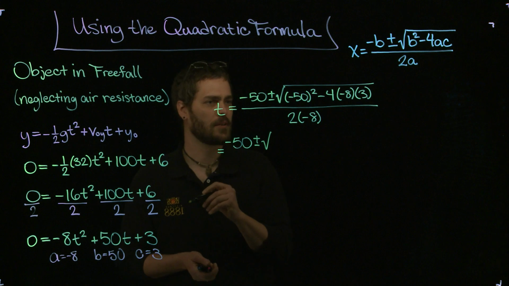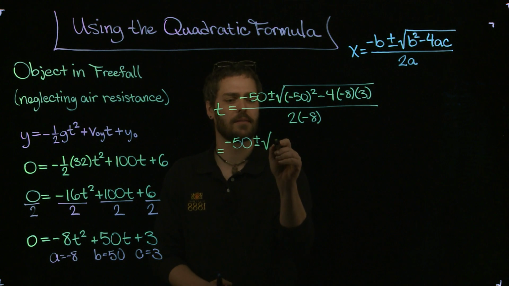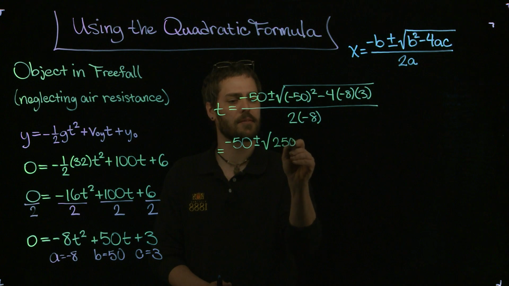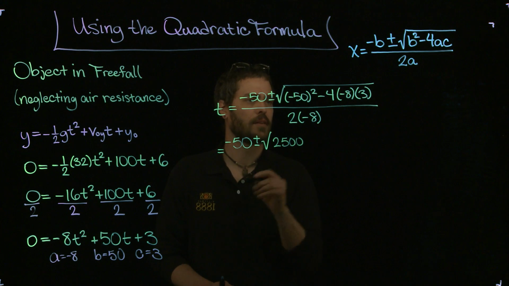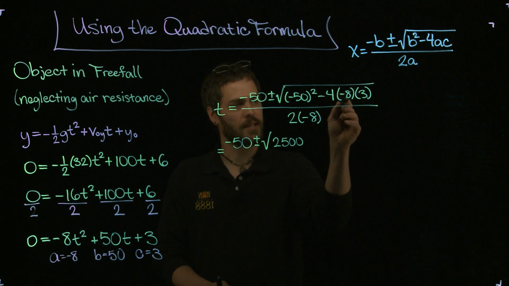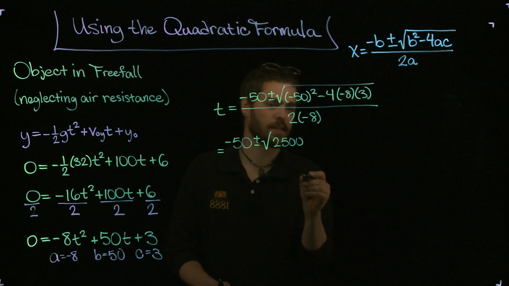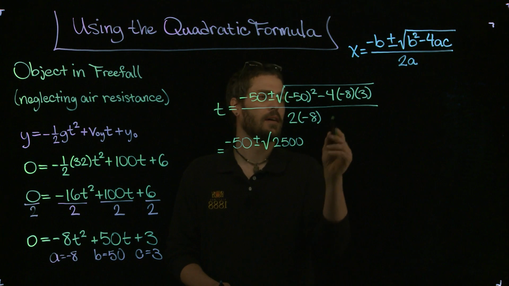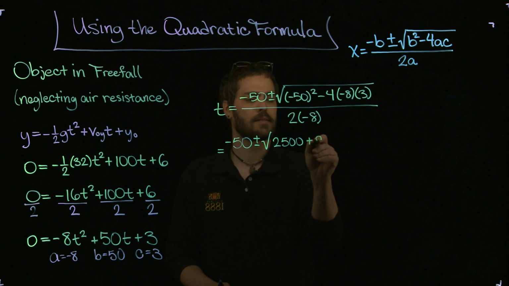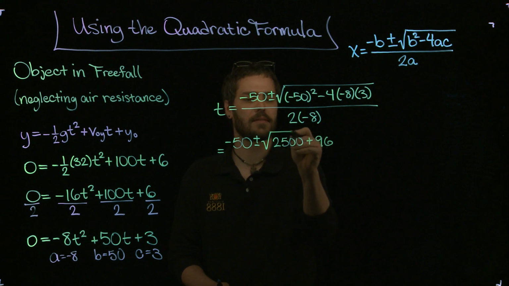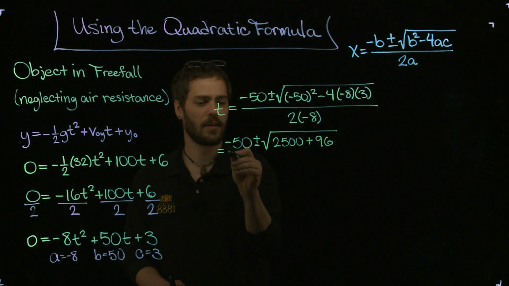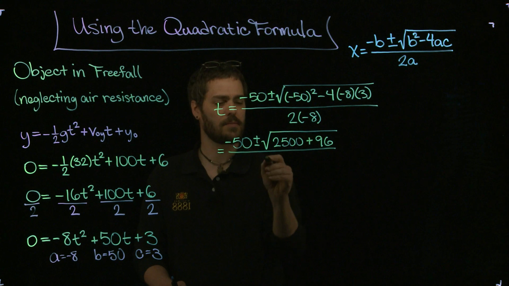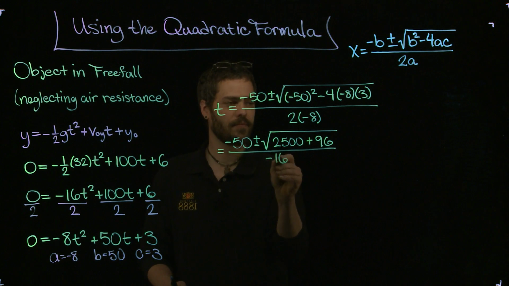So let me continue. Under the root, 50 squared. Let's put a 25 and tack a couple zeros onto that. 2,500. -4 times -8 times 3. So that's going to give me a positive overall 96. And continue that. Root bar. And then under all this, 2 times -8 is -16.